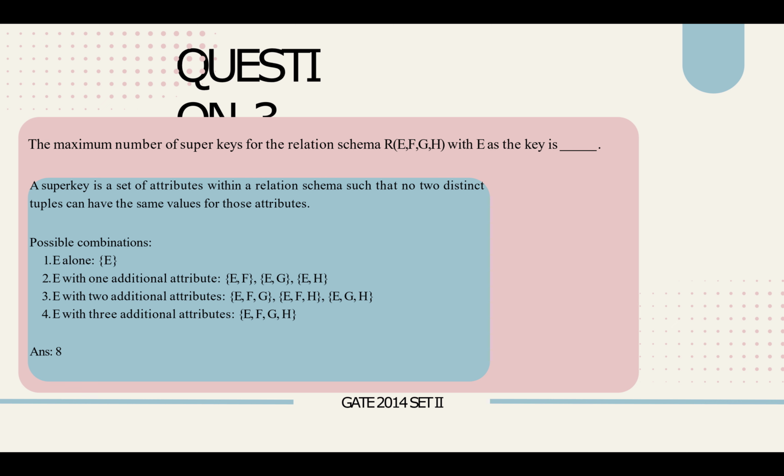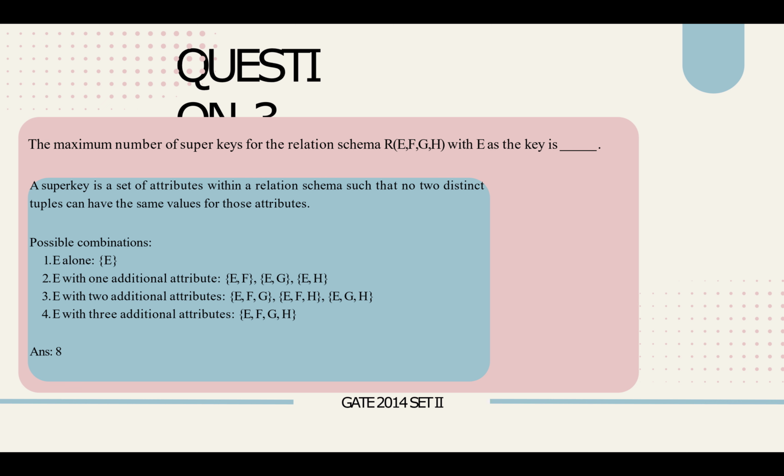So moving to the last question, the maximum number of superkeys for a relation schema R(E, F, G, H) with E as the key is. Here a superkey is a set of attributes within a relation such that no two distinct tuples can have the same values for those attributes.